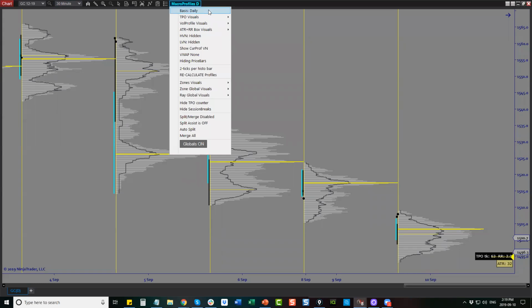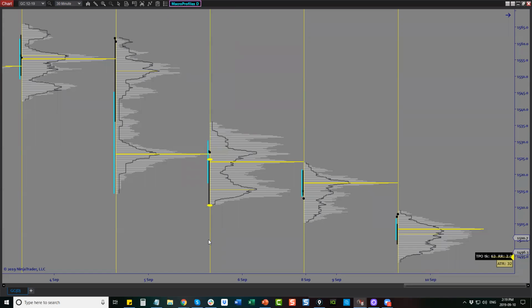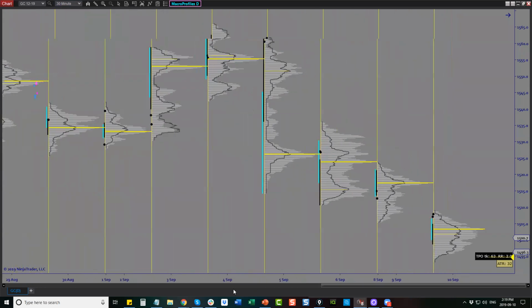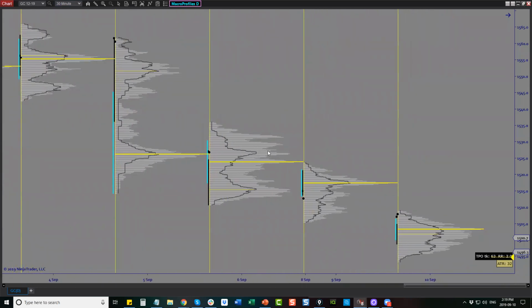But the concept is the same. We always start with full profiles like this, okay? And there's no edge to reading profiles like this. So if you were to load the daily volume profile on the platforms that come with your standard settings, or even if you bought profiles that only work on the 30-minute, there's no edge to that.